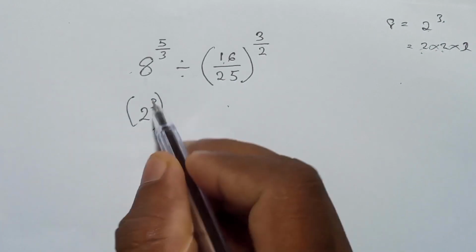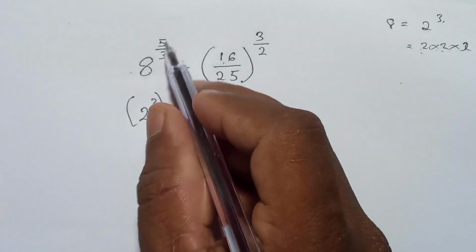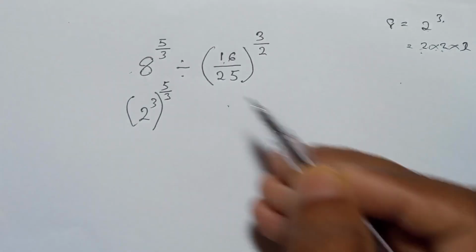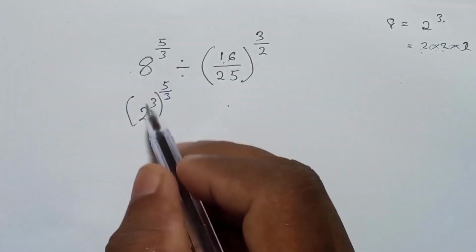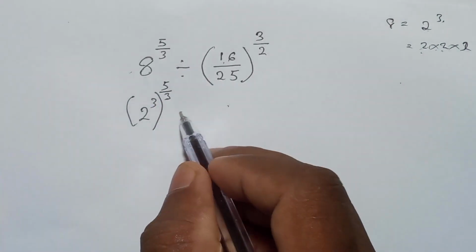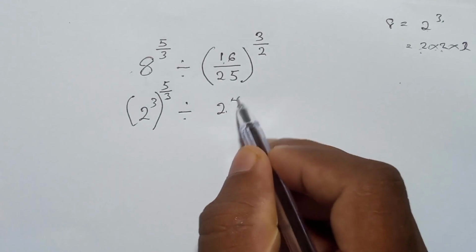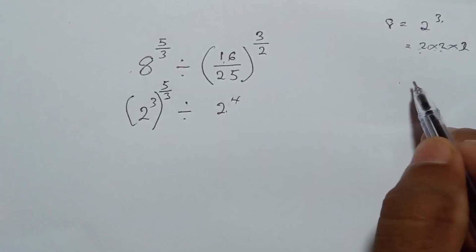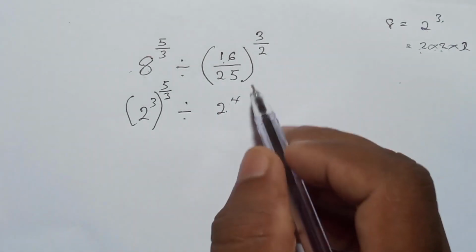Then we replace this 8 with 2 to the power 3, and the index 5/3 is still here. You can't remove it. Then 16 I can make 2 to the power 4, that is 2 into 2 into 2 into 2, and if you multiply like that you get 16.